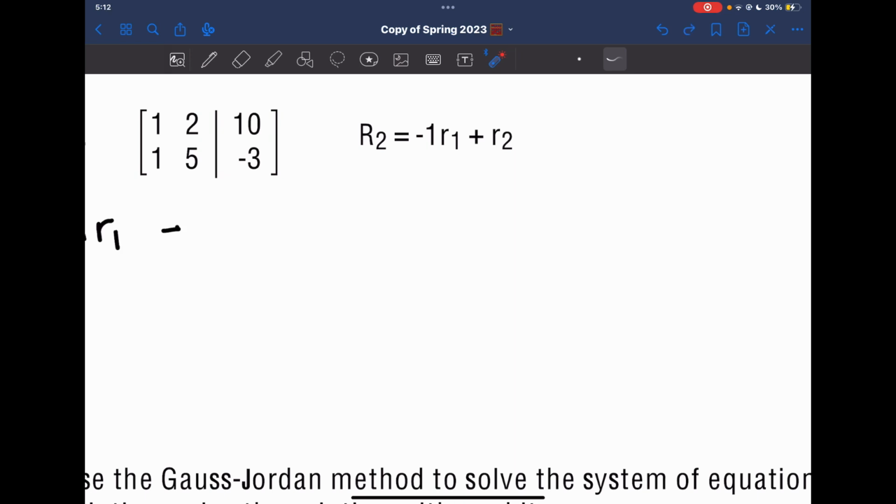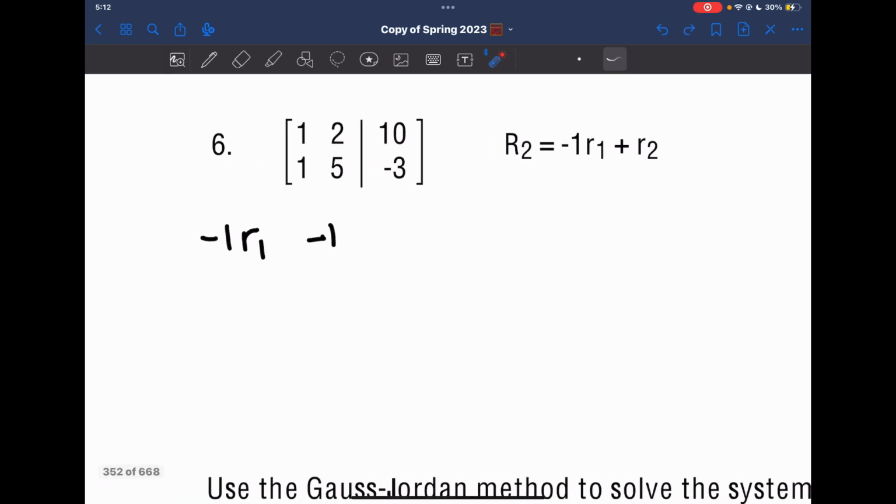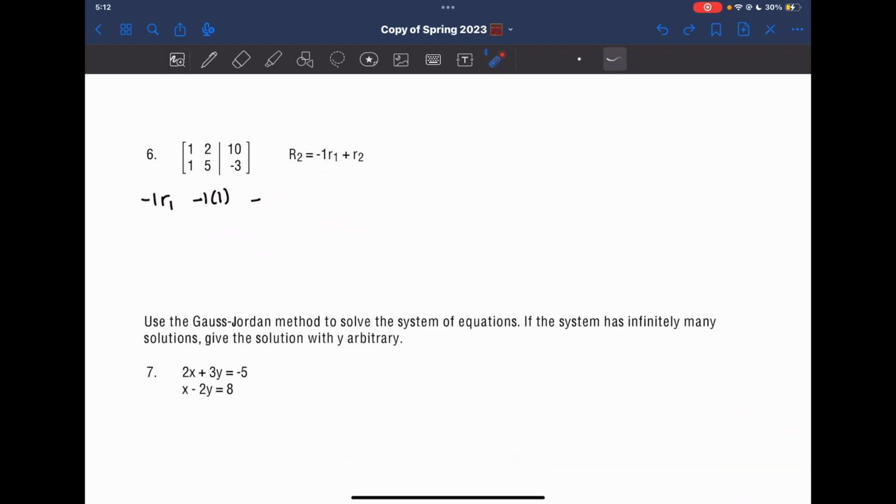Okay. So in this case, it's going to be -1 times row 1. So it's going to be -1 times 1, -1 times 2, and -1 times 10. And then we're going to add that to row 2. So row 2 is going to be 1, 5, and -3. All right, so let's see how this works. When we add, we're going to add going down.